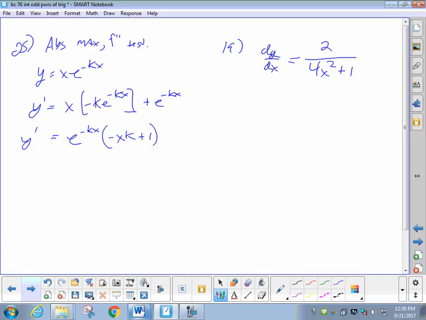It's factor. So y double prime, first stays the same. Actually, I need to pause. Slow down there, Johnny. The second derivative test works in such a way that I have to find where the graph goes flat, then test concavity at that point, okay? So where does this go flat? 1 over k. Oops. Negative.